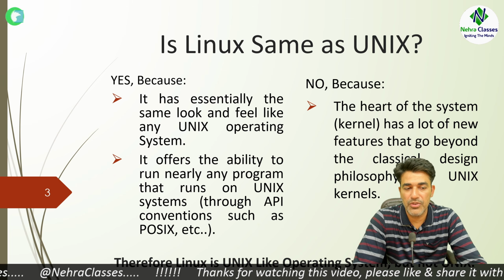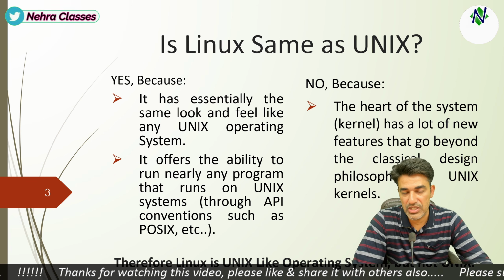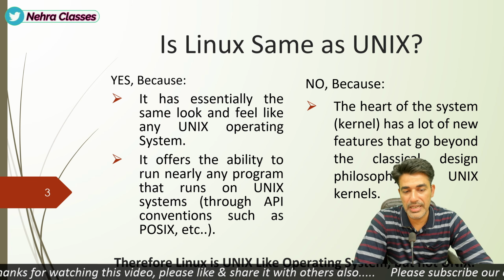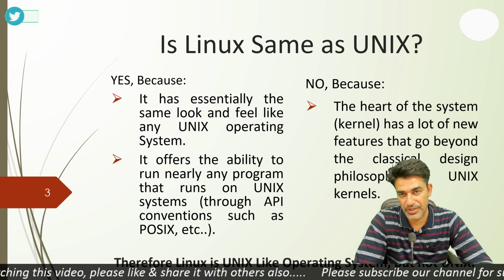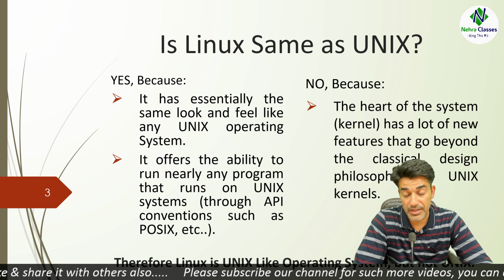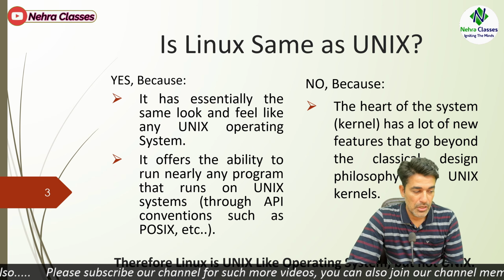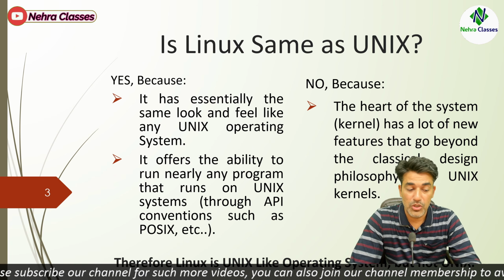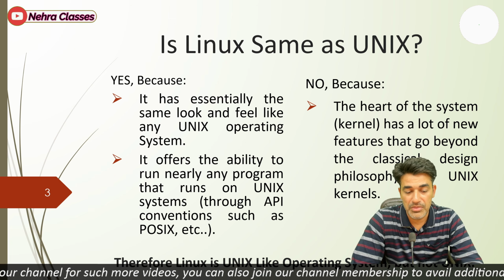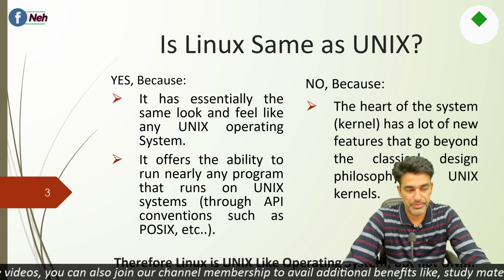Because the heart of the system, the kernel, has a lot of new features that go beyond the classical design philosophy of the Unix kernel. So the Linux kernel is more powerful as compared to the Unix kernel. Therefore, Linux is a Unix-like operating system, but not exactly Unix. Okay.